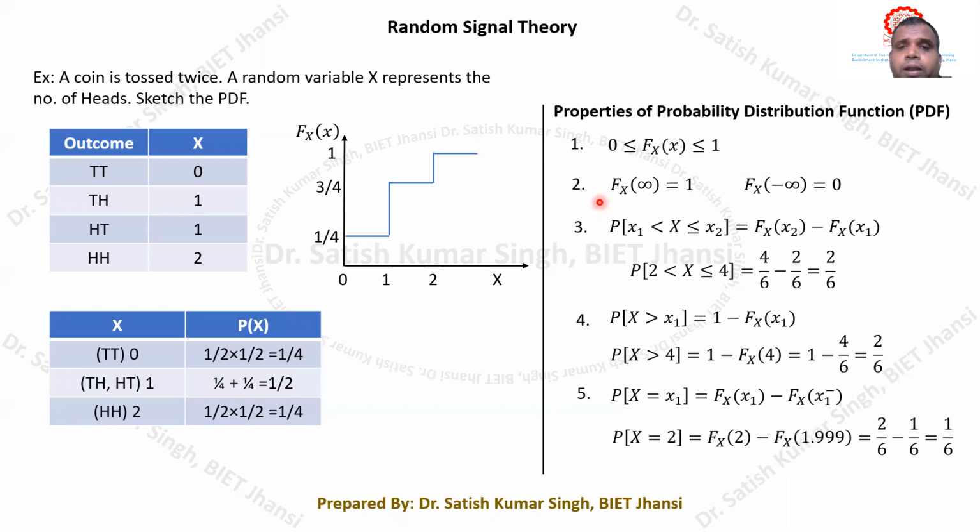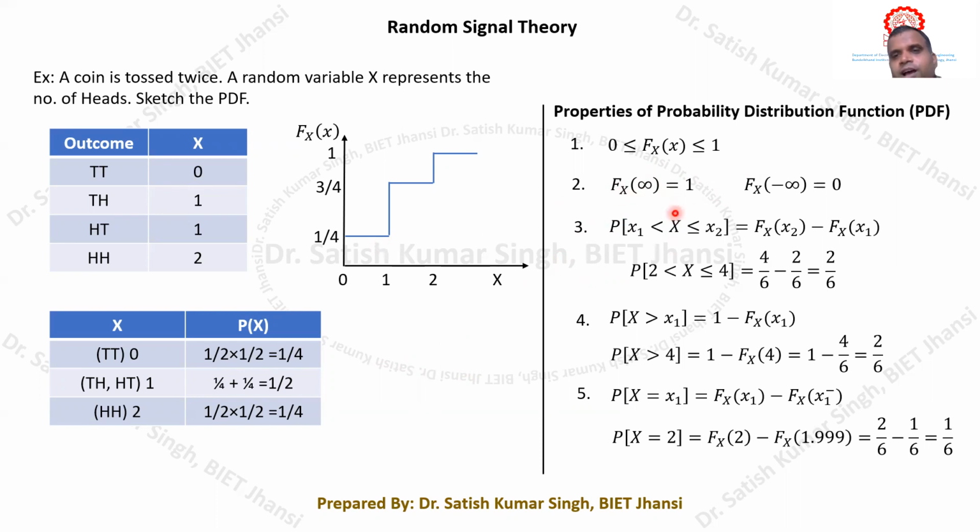Similarly, if we want to calculate Fx(infinity), the meaning is: what is the probability that the outcome x is less than or equal to infinity? Obviously that will have a probability equal to 1, because an experiment is going to have some particular output, and anything less than or equal to infinity covers all the possible outcomes.